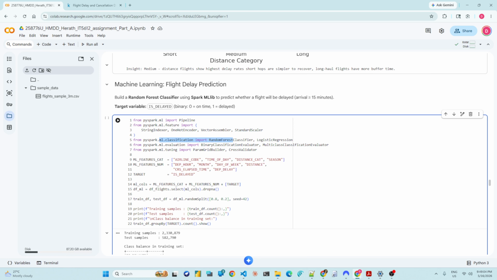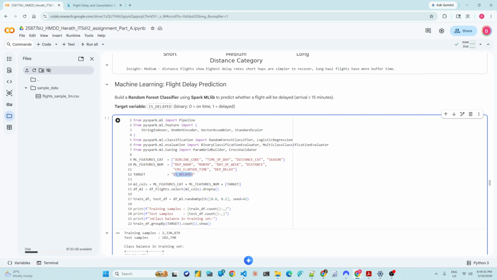I select the feature columns as 4 categorical ones: airline code, time of day, distance category, season, and the numerical ones: departure hour, month, day of week, distance, and scheduled elapsed time, departure delay. The target is the delay column.